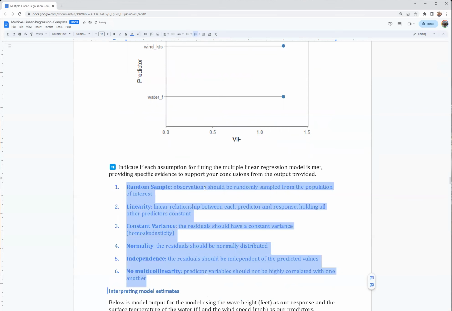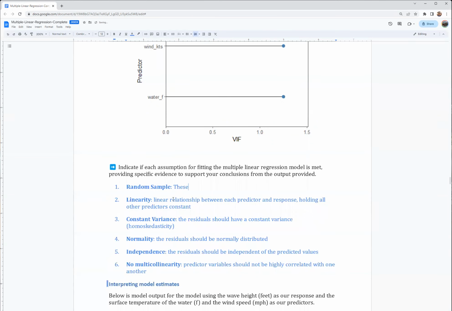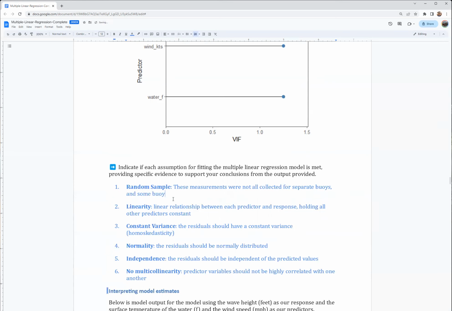So random sample. These measurements were not all collected for separate buoys. And some buoys are closer to each other than others.